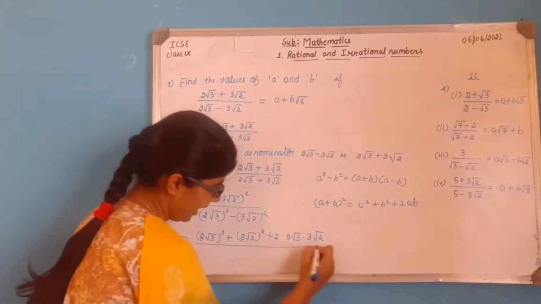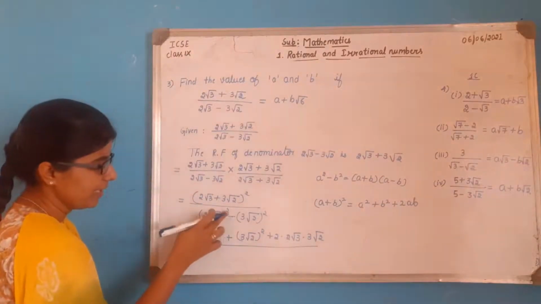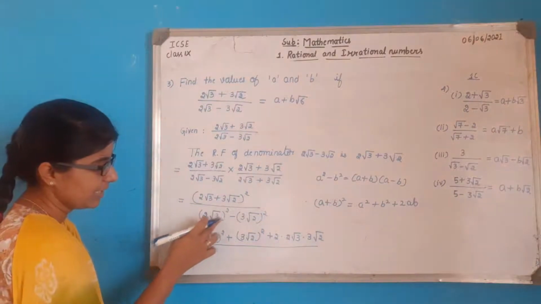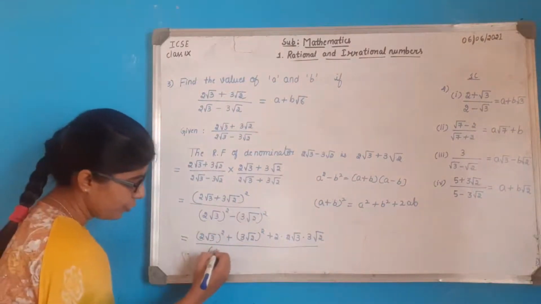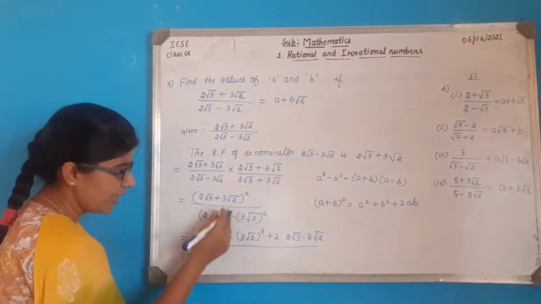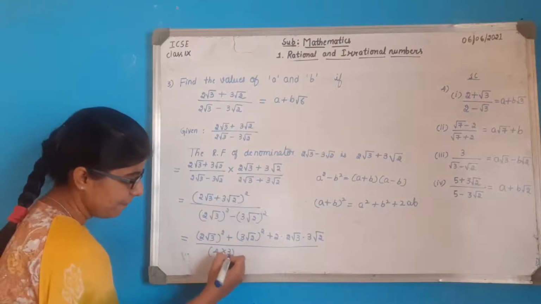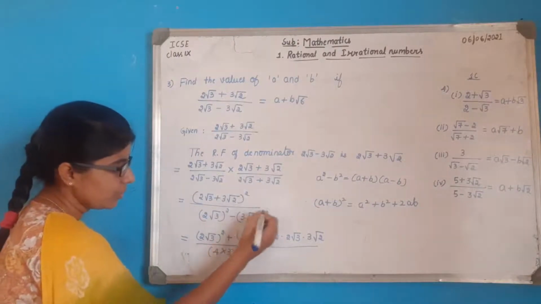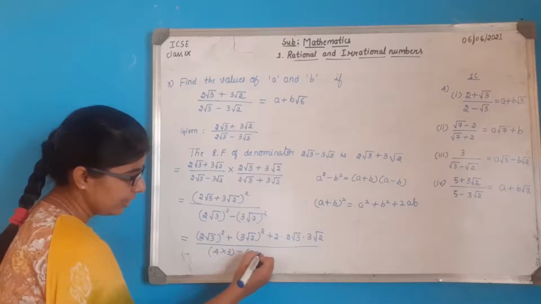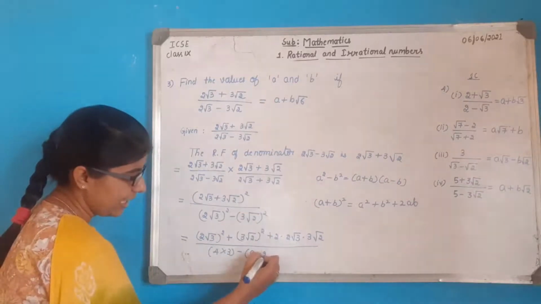All divided by, here apply the square to both the constant and the irrational. 2 square is 4 into square and root will cancel, 3, minus 3 square is 9 into 2, square and root will cancel, that is 2.